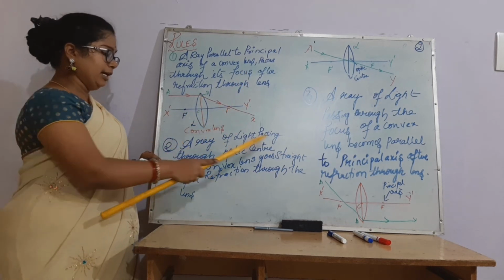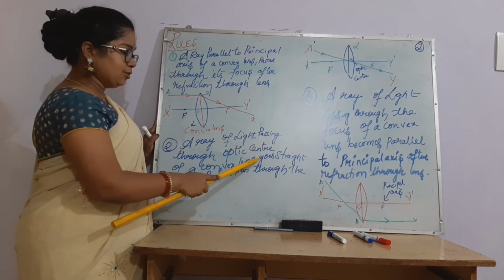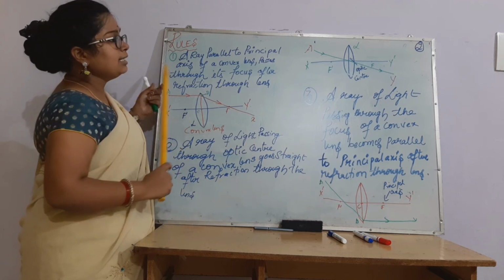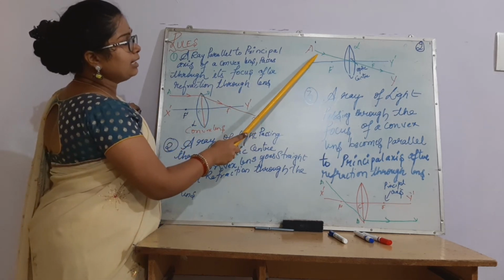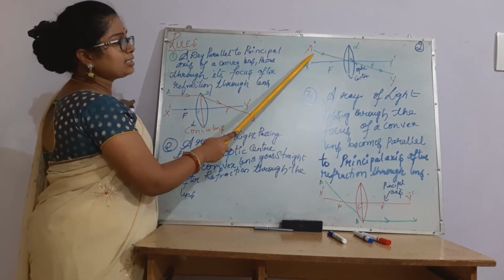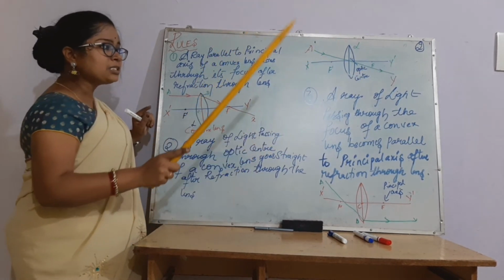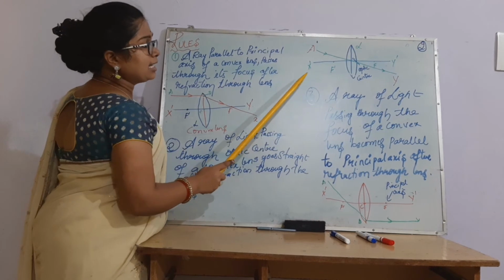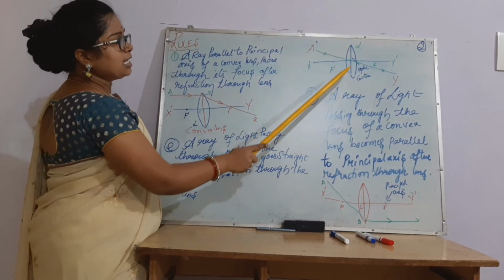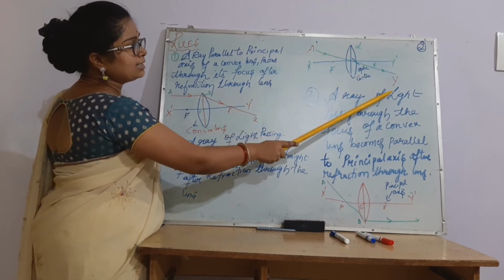The second rule: a ray of light passing through the optic center of a convex lens goes straight after refraction through the lens. See here, a ray is traveling through the optic center. Let us say X dash Y dash is the principal axis, F dash and F are the focuses, C is the optic center, L is the lens, and AY is the ray.